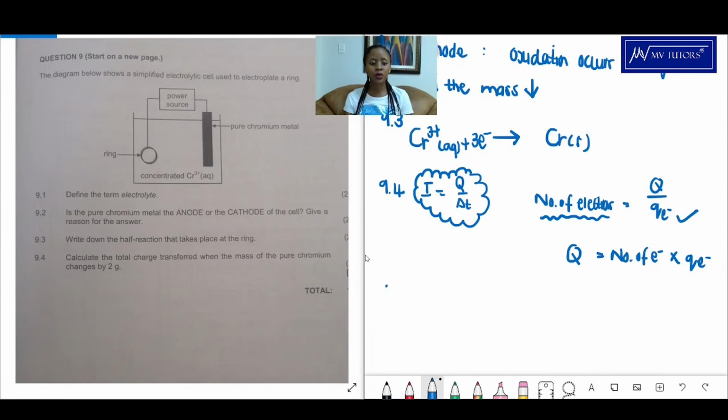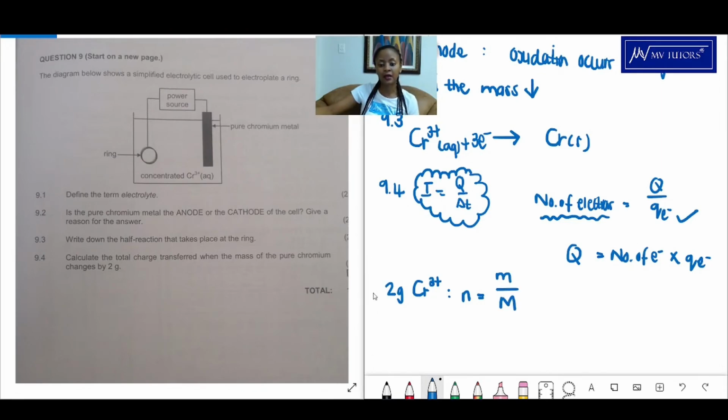So we know that we have 2 grams of chromium, that Cr 3 plus. I'm going to try to get the number of moles for it, and we know that to get the number of moles, it's basically your mass divided by your molar mass.